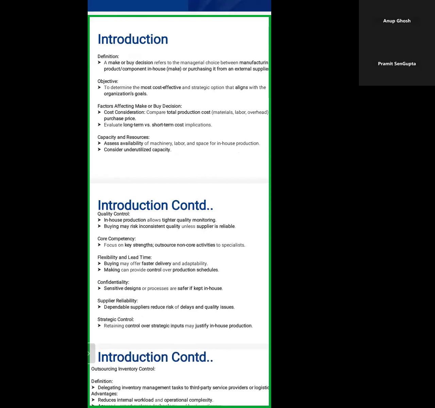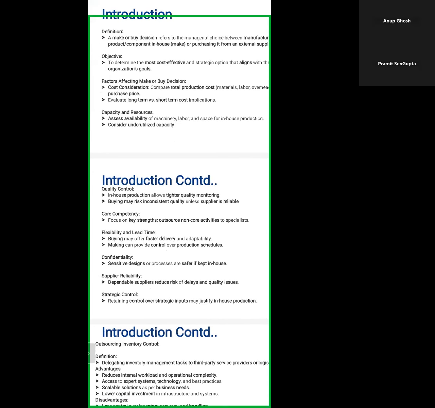If we go on, the other aspect of this make and buy decision revolves around quality control, which is another cry of the day for the industry also. It talks about in-house production with tight quality monitoring, which is known as QC control these days. And buying may associate risk regarding the supply of quality in the material.